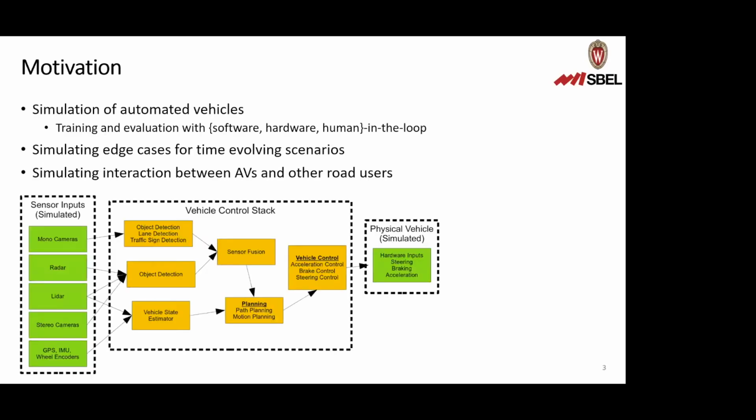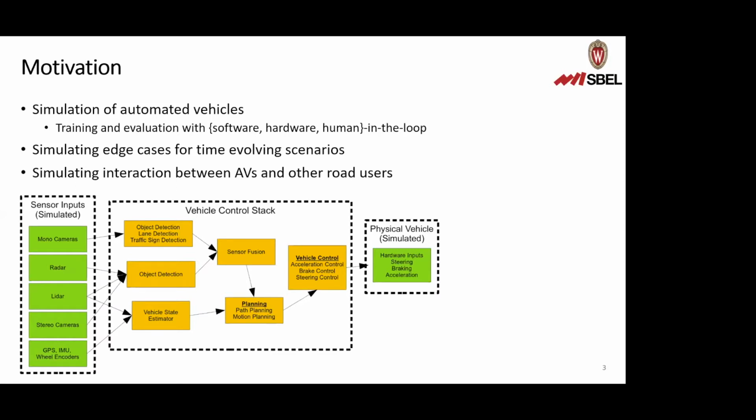And then I want to give some context and motivation for this project, and that is for simulation of automated vehicles in general. What we're trying to do is provide a training and evaluation framework for software, hardware, or human-in-the-loop simulation.